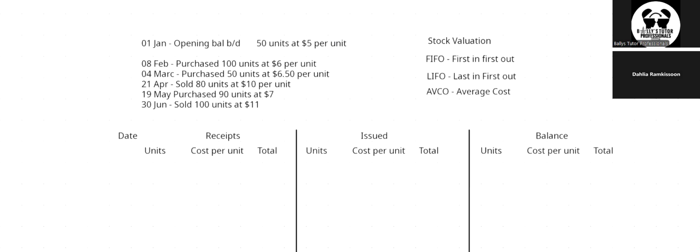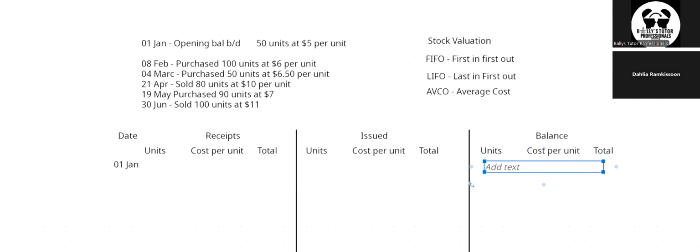Let's practice it to see if we can get a better understanding, right? So they say on the 1st of Jan, we had an opening balance of 50 units at $5 per unit. So that total value would be how much?